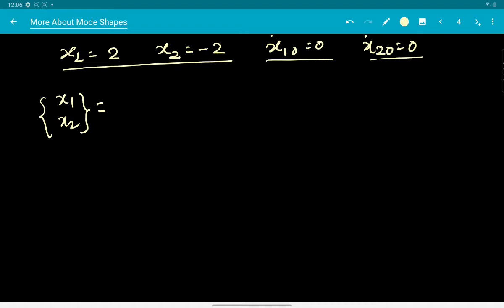You will be able to see that only if you pick certain initial conditions, displacements which match the mode shapes that you have obtained, so your initial conditions are exactly identical to the mode shapes obtained as the solution of the eigenvalue problem, then the motion is harmonic and both masses m1 and m2 are moving in sync.